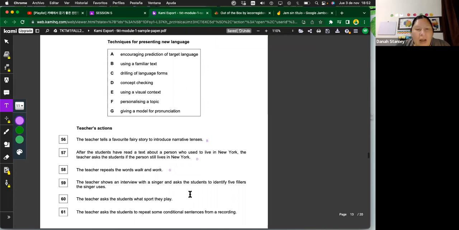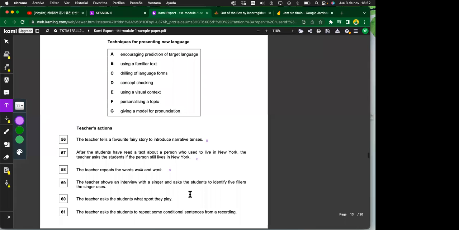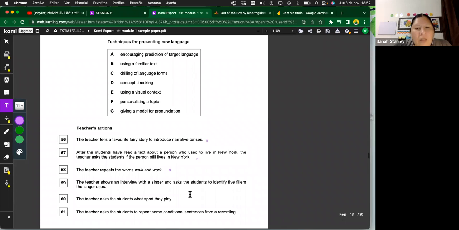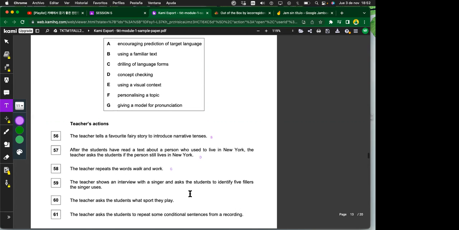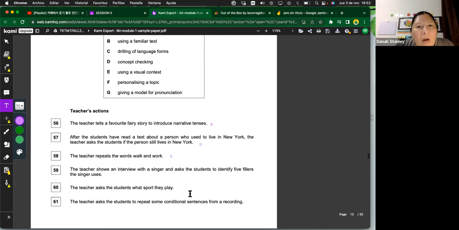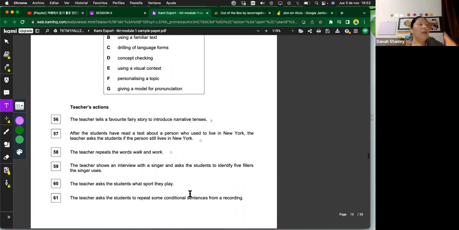The teacher shows an interview with a singer and asks the students to identify 5 pillars the singer uses. Letter C. A ver, the teacher shows an interview with a singer and asks the students to identify 5 pillars the singer uses. And you say, which one? Letter C. Is it letter C? Drilling of language. Remember that drilling is modeling and repeating.